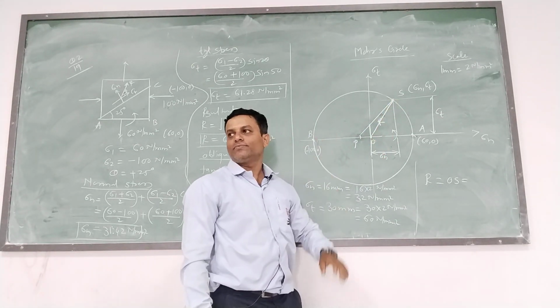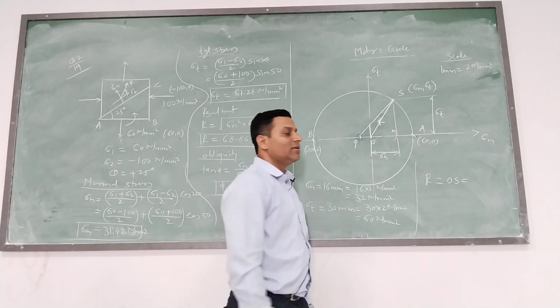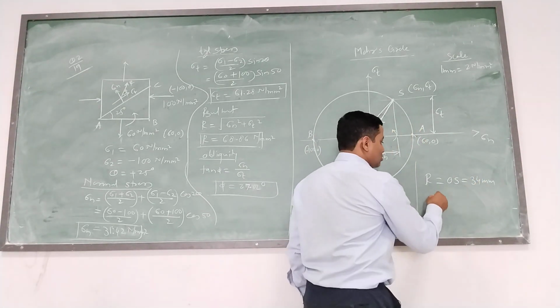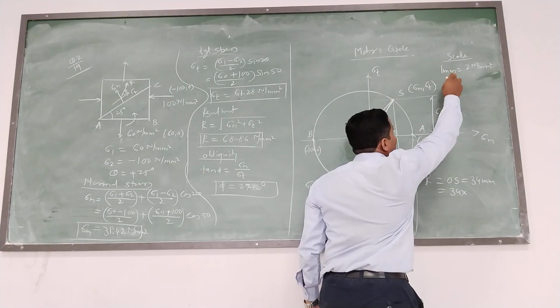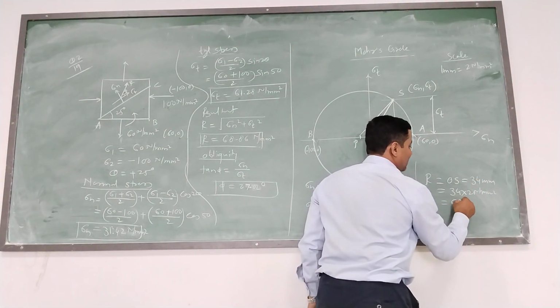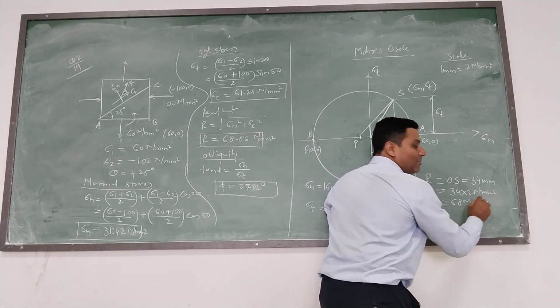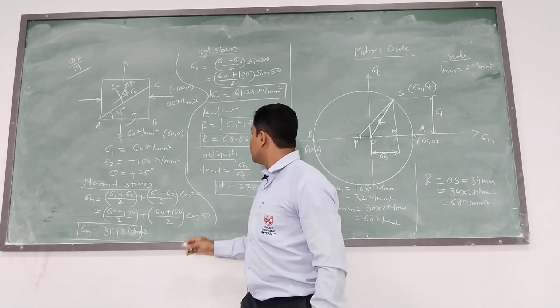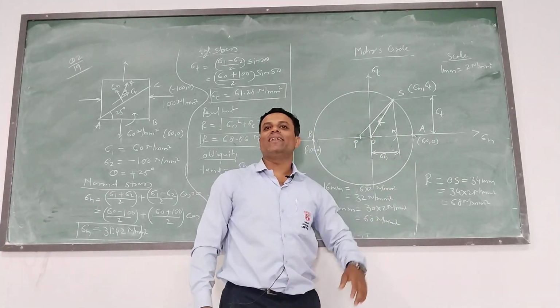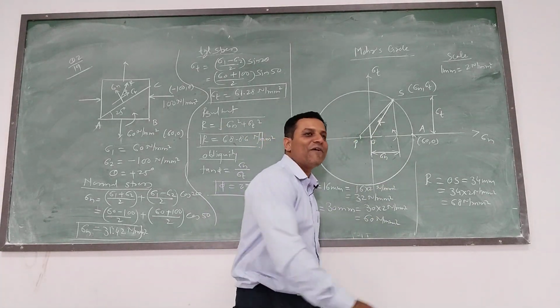Join OS. 3.4 centimeter means 34 mm. So 34 into scale 2 Newton per mm square. So it will be 68 Newton per mm square and this is your R. 68.